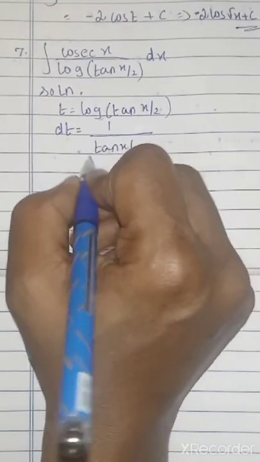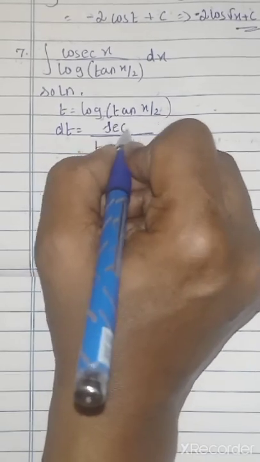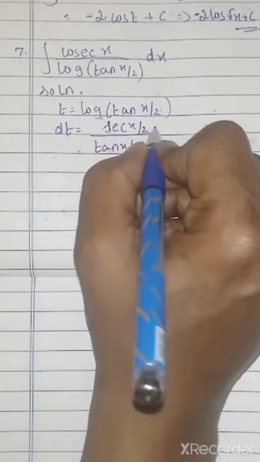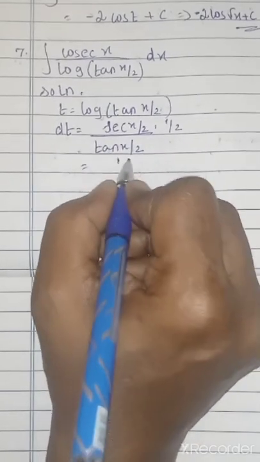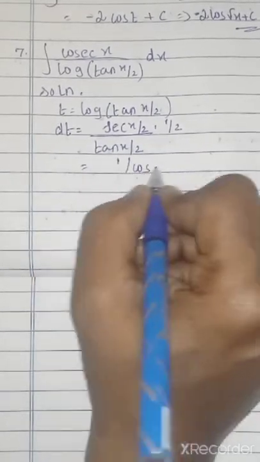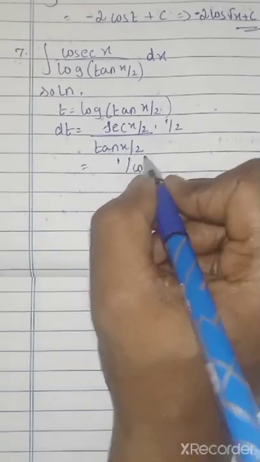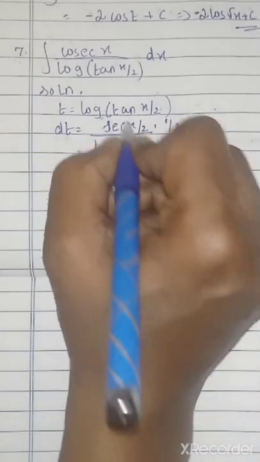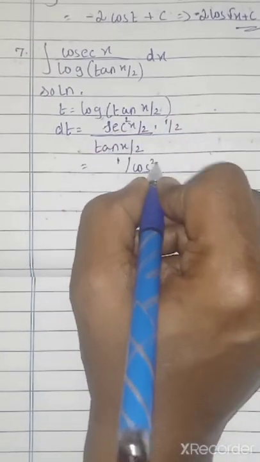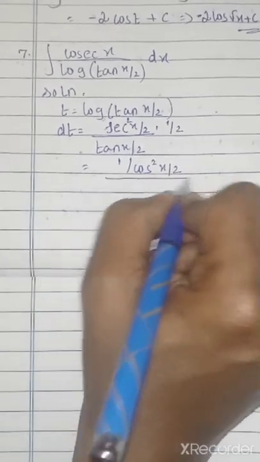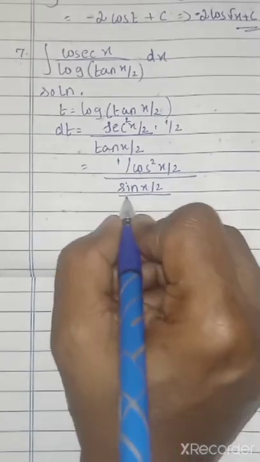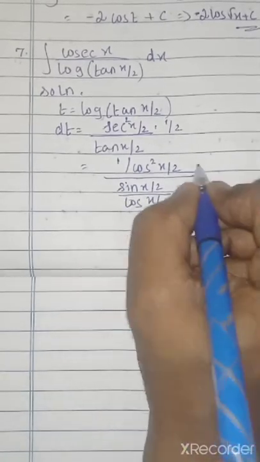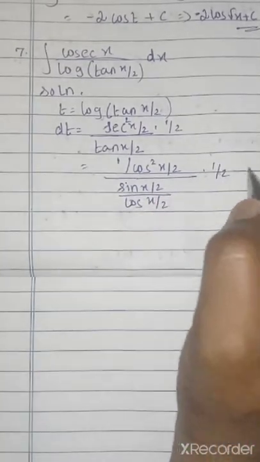This is the chain rule. Again tan differentiated gives secant square x by 2 into 1 by 2. So secant square we can write as 1 by cos square x by 2, divided by tan, which we can write as sin x by 2 by cos x by 2, into 1 by 2.